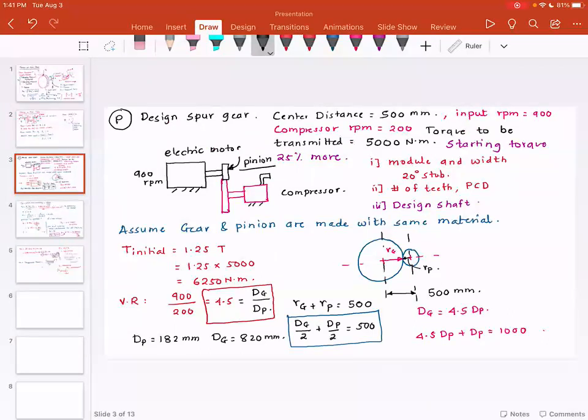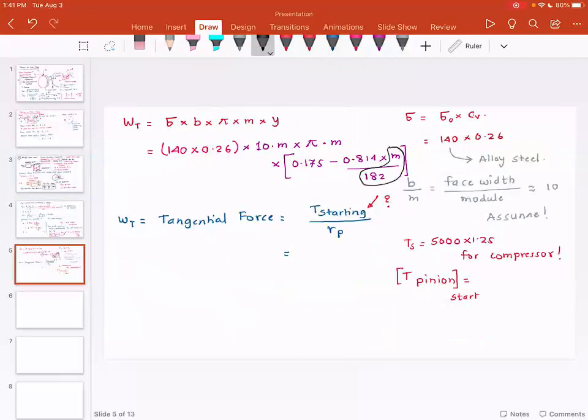The big gear, or the compressor, is rotating at 200 RPM. So can someone tell me what is the starting torque on the pinion? Starting torque on the pinion is 5,000 multiplied by 1.25 divided by the gear ratio, or velocity ratio.